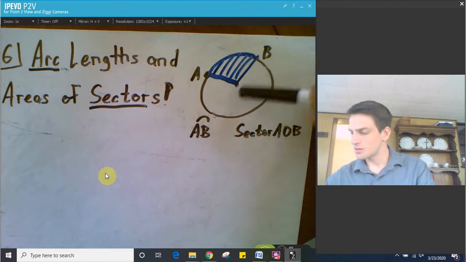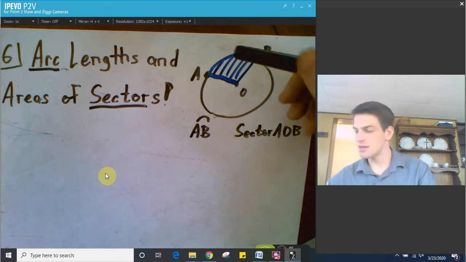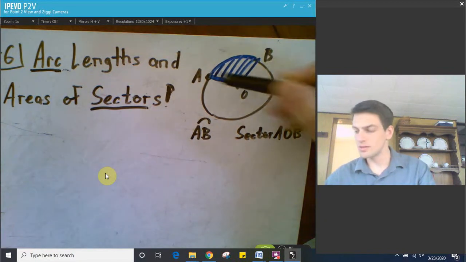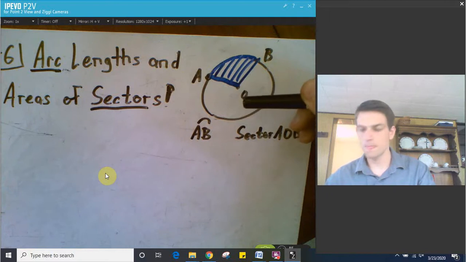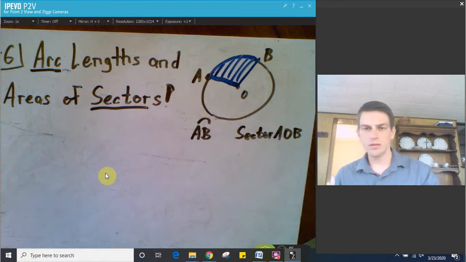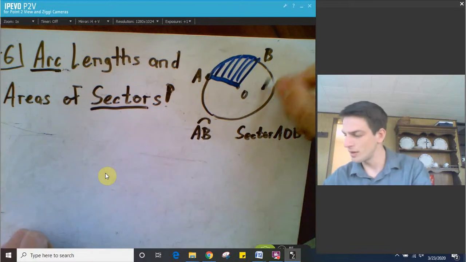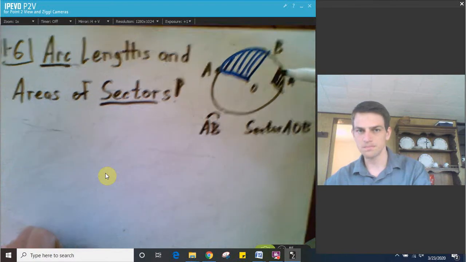So this is our sector AOB here. You could also think of it as an arc whose endpoints are connected to the center. So we have arc AB, and then B is connected to O, and A is connected to O. Note that it has to go to the center. If it goes to any other point in the circle, it does not count as a sector. So if I have a point over here, and I make this area right here, that is not a sector. It's only the blue region here that is the sector.